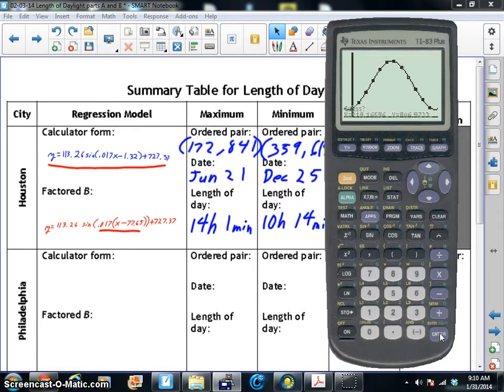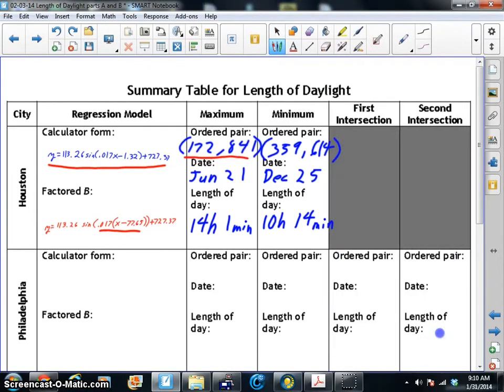And then it'll just go ahead and give us the calculation from there. And you push enter again, so you can go ahead and find the maximum. So now the maximum is at 172, and that's 841, and that's right here for this ordered pair, which is right here. Now, this date happens to be June 21st. Length of daylight, 14 hours and 1 minute.